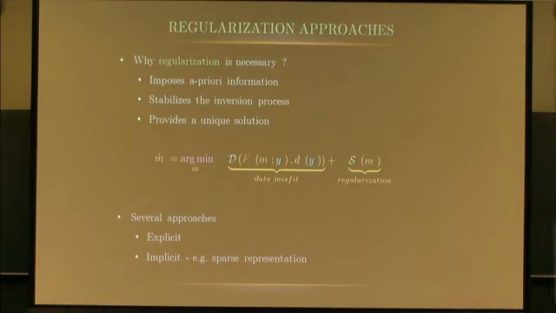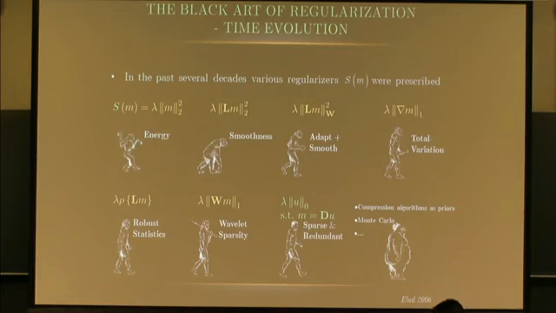If we look at our problem, the real question is what to put here, right? And one approach is being explicit. So we can prescribe some functional, and there are many choices to do that. And the other approach is a little bit more implicit, and that links to sparse representation. So in this slide, you can see more of an evolution of the different things that people have attempted to put in as that prior. So starting with penalizing just for the energy, later on looking at local smoothness.